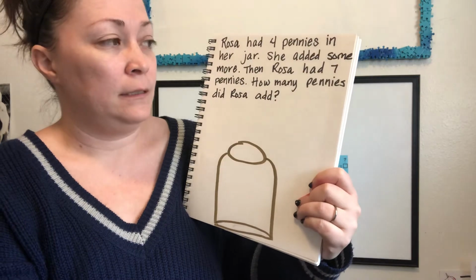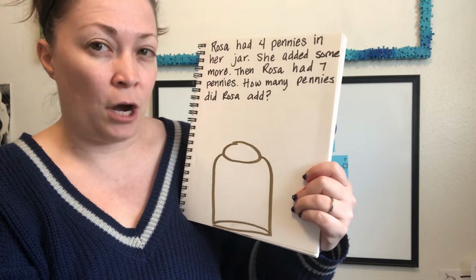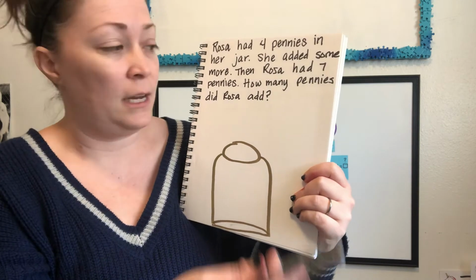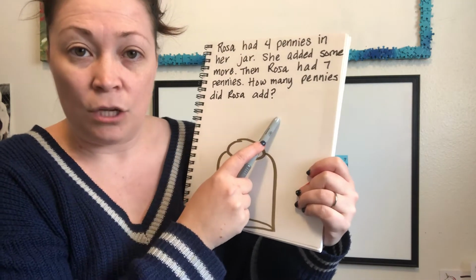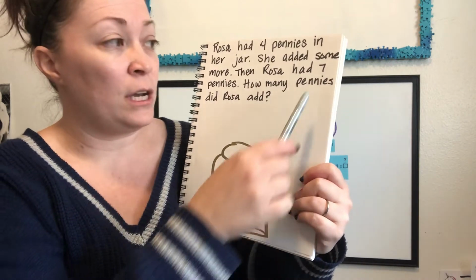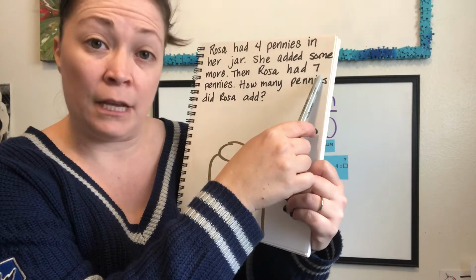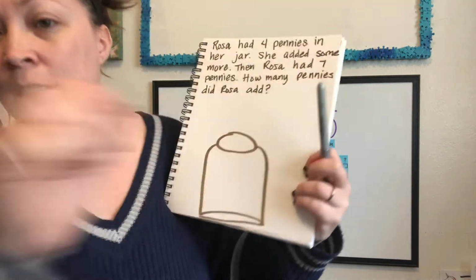Then Rosa, after the change, had 7 pennies in her jar. So here's the question. How many pennies did she add? So not how many pennies did she have at the end. We already know she ended with 7. We don't know the change that happened. So let's look at that.